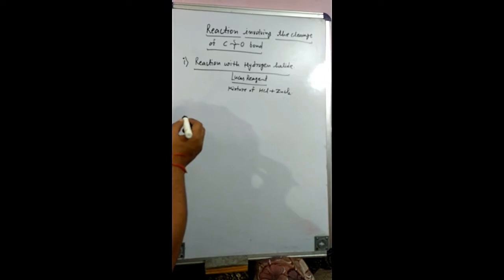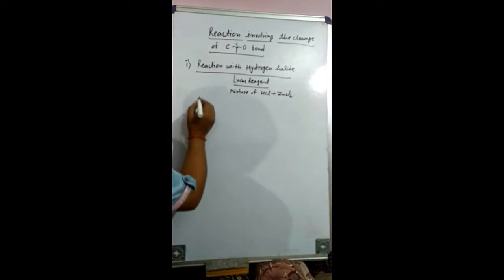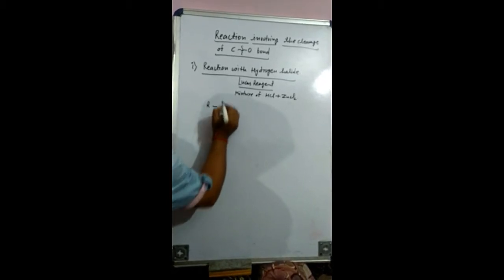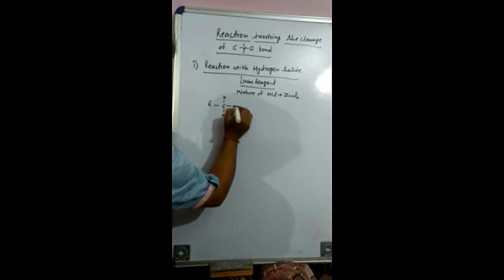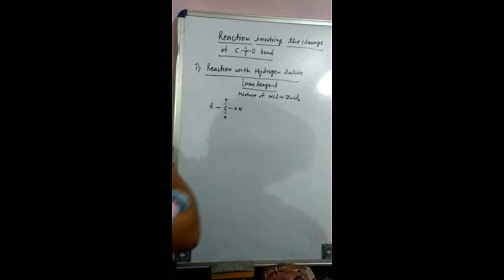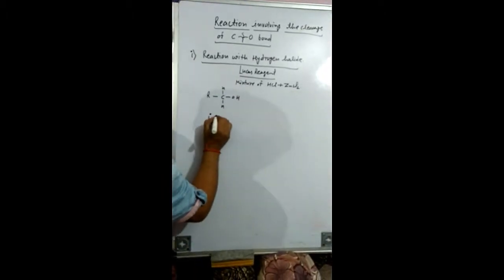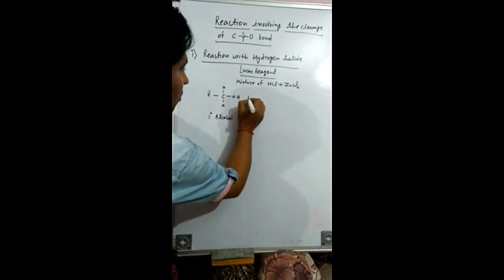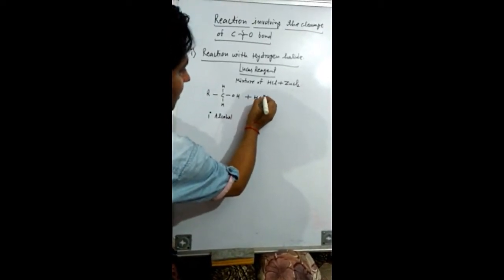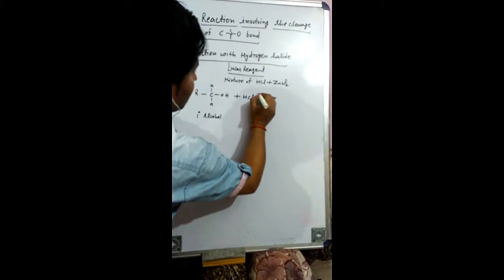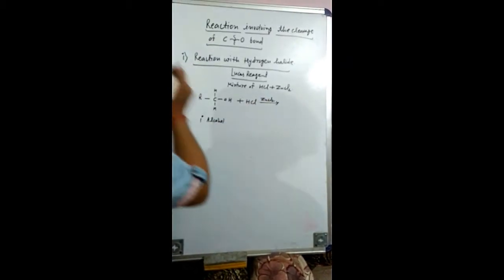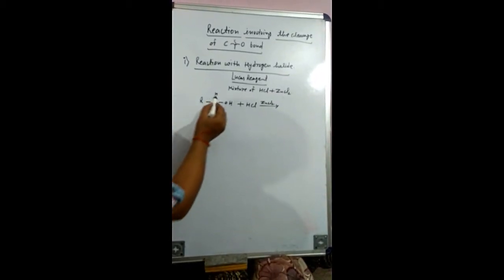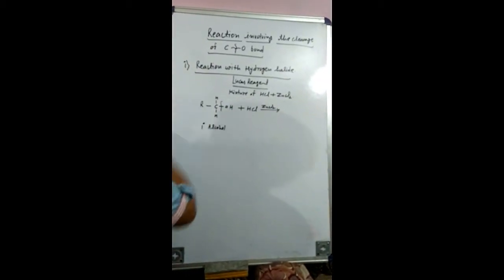Suppose we have R single bond CH2 single bond OH. This is the primary alcohol. If this primary alcohol reacts with HCl in the presence of ZnCl2, that means the Lucas reagent, then the bond between carbon and oxygen will split up.